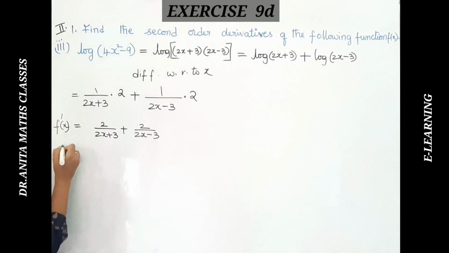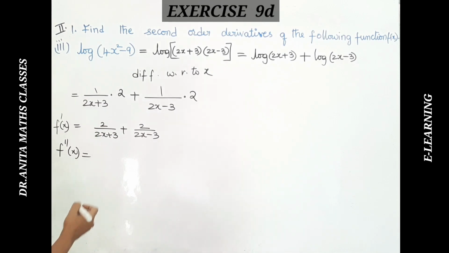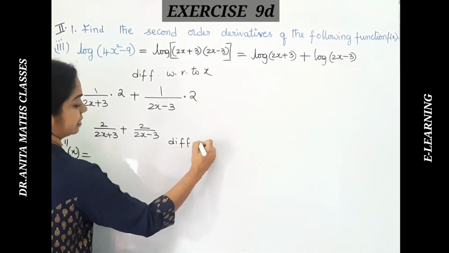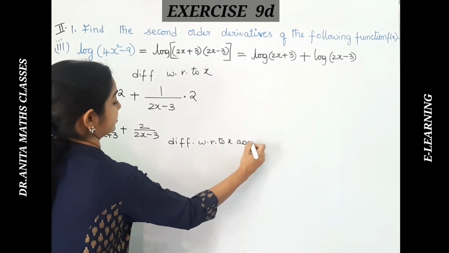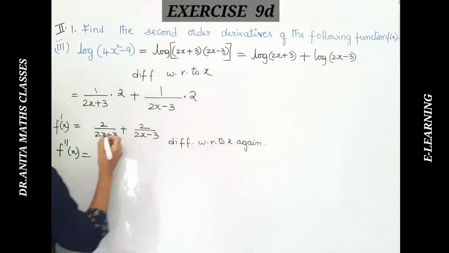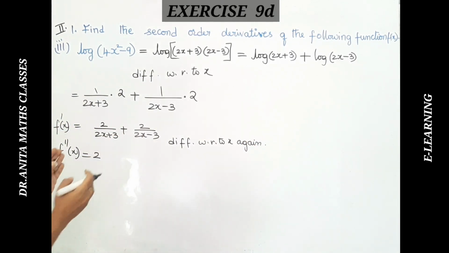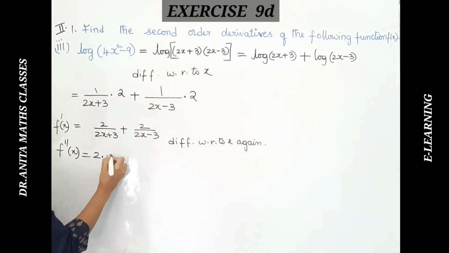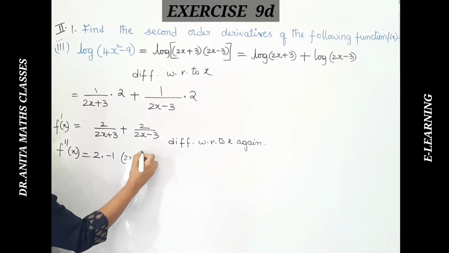Now we will do the second derivative, f double dash of x. So here, differentiating with respect to x, you can write again. So that comes 2, you can take it out. Here 1 upon 2x plus 3, so if you take this function above, it becomes minus 1. So here minus 1 into 2x plus 3 to the power minus 2.